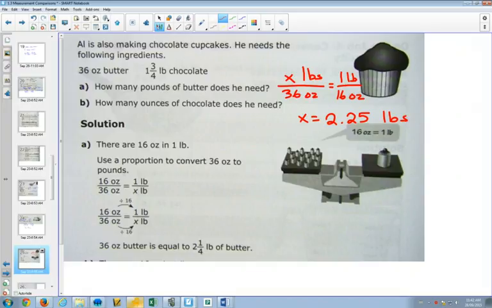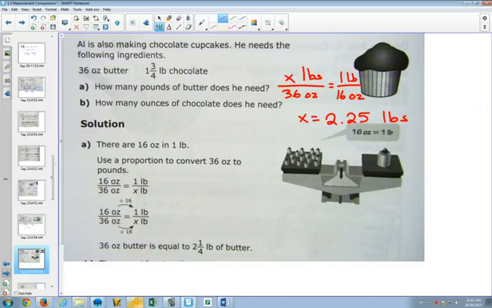So again, if you're just looking at the solutions in the textbook, they do their proportions a little bit differently every time, so it sometimes can get a little confusing. That's why I'm always showing the work, and you might want to write the work in your notebook as we do it as well, because we're always setting things up the same way.